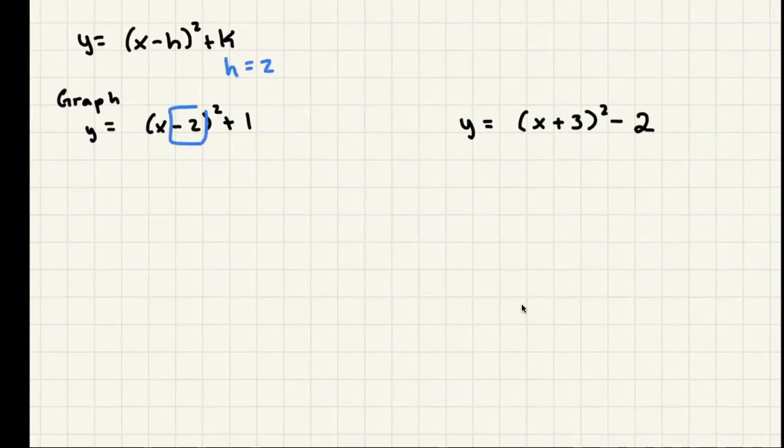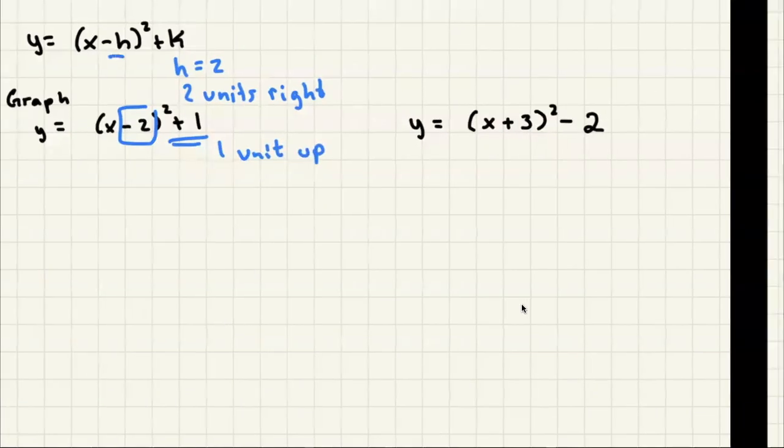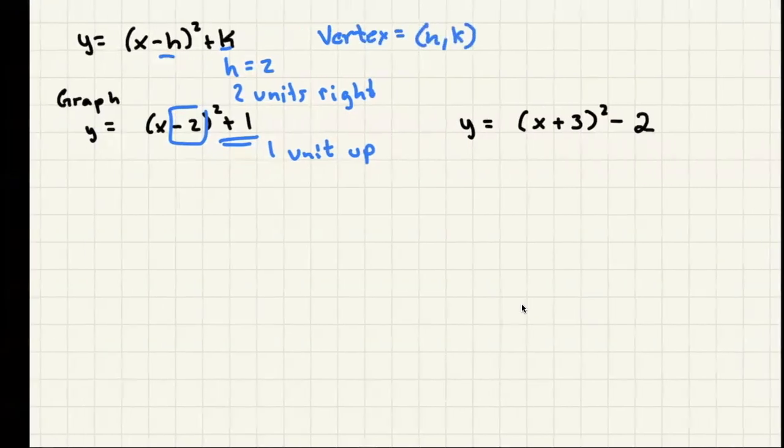H is equal to 2, therefore 2 units right. And because it's plus 1, 1 unit up. H and K is our vertex. Our vertex is equal to (H, K). That's why it's called vertex form. It tells us what our vertex is.